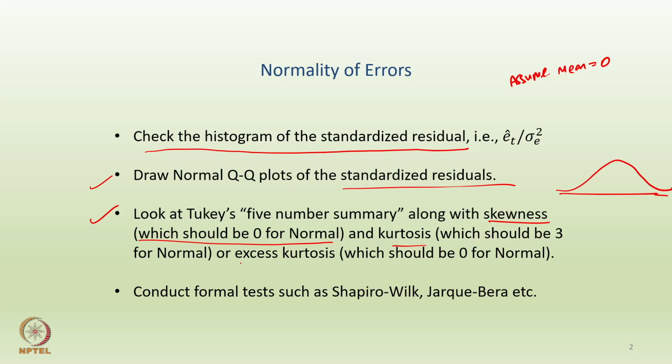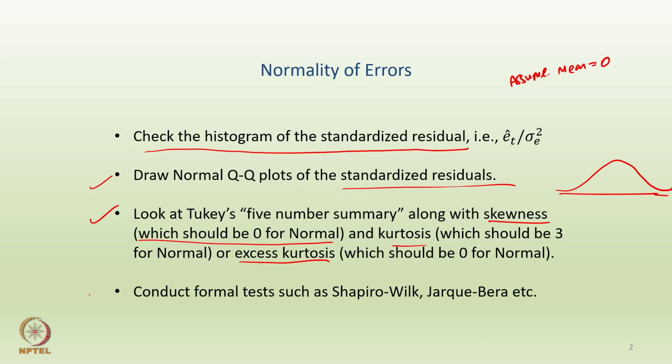Or if you talk about excess kurtosis, which means the difference between the kurtosis and that of a normal distribution, it has to be 0. So, excess kurtosis should be 0, or kurtosis should be 3. If all these ideas are seen in the underlying data or the underlying fit, then probably we can say that the underlying distribution of the errors is indeed normal.